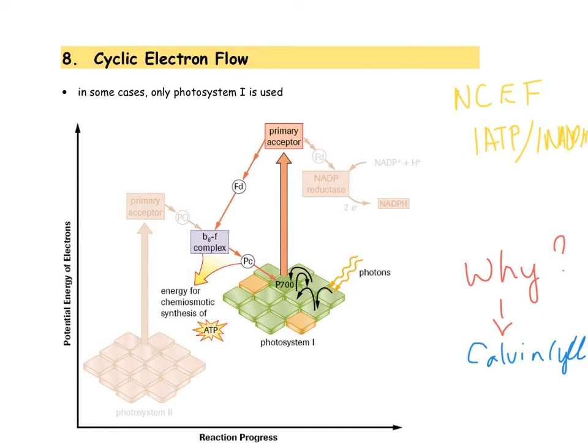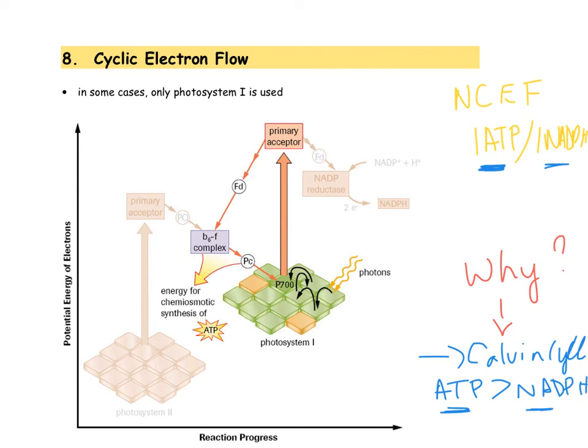So this is the problem for the Calvin cycle. And we're about to see the Calvin cycle, but the problem is the Calvin cycle requires more ATP. The amount of ATP required is greater than the amount of NADPH. So if we're using more ATP than NADPH, and the non-cyclic electron flow is only going to produce a ratio of 1:1 for ATP and NADPH, we're going to run into a problem with the Calvin cycle.